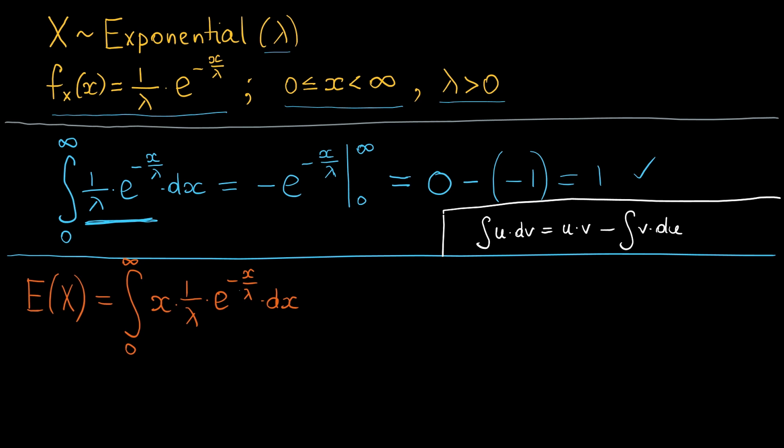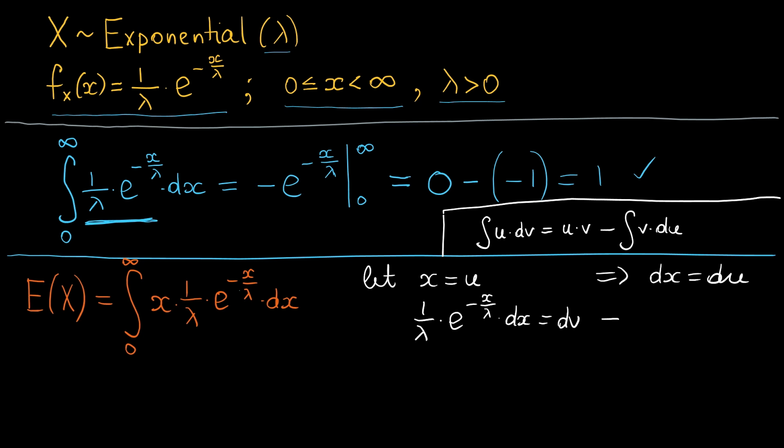So let's let x be u, and 1 over lambda times e to the power of minus x over lambda dx be our dv. That means that dx will be du, and now we need to integrate this.